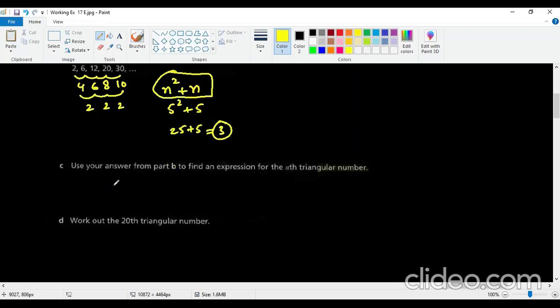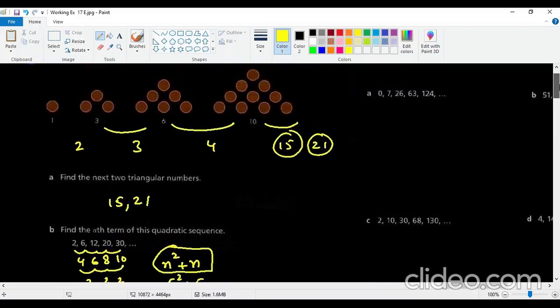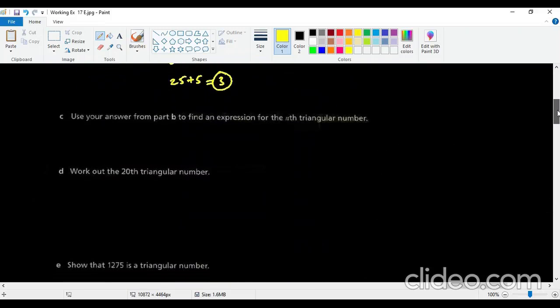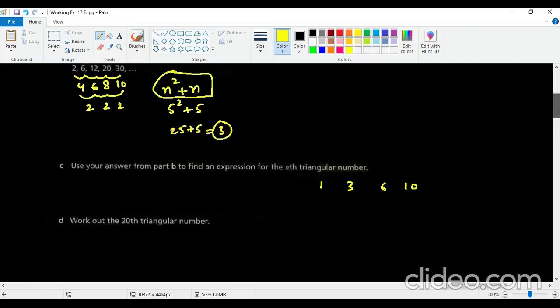As it can be seen, it says use your answer from part B to find an expression for the nth triangular number. And what are triangular numbers? Triangular numbers are 1, 3, 6, 10. Let's see. How do we get 1, 3, 6, and 10? Now, the term rule that we have is n square plus n. Okay. Now, how do we get these numbers?